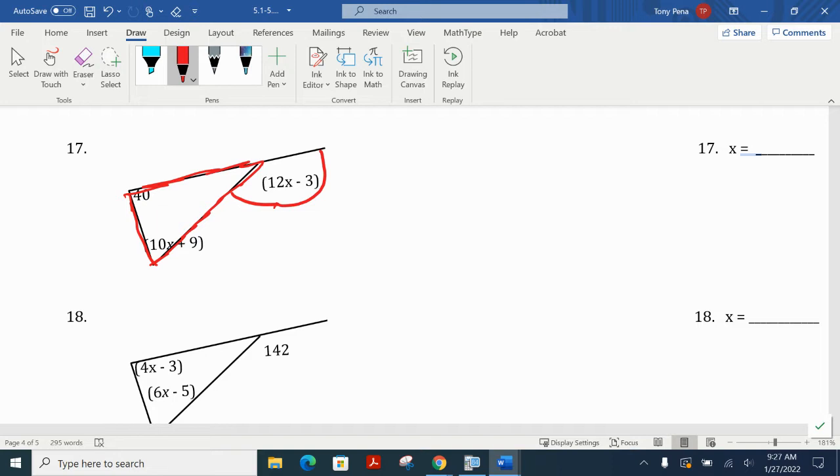What is always true is that this exterior angle right here, this 12x minus 3, is always equal to the interior angles that are across from it, that are remote to it, that are away from it. So this 40 and this 10x plus 90, if we were to add those up, that always equals our exterior angle.